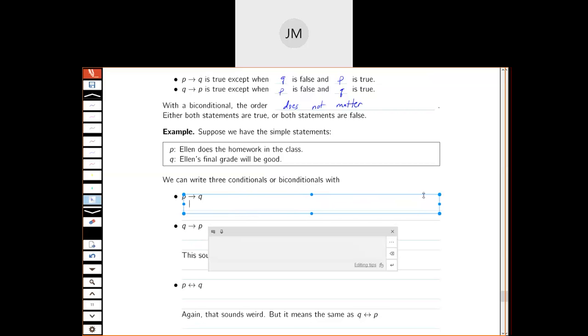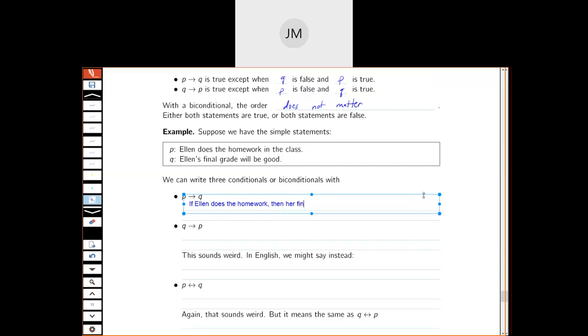When we have this first one, this is if P then Q. So if Ellen does the homework, then her final grade will be good.